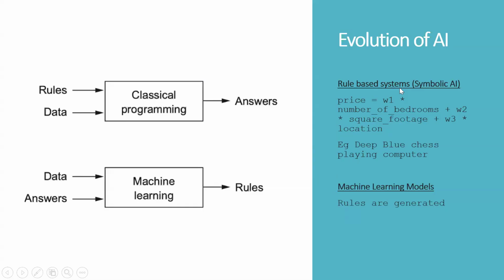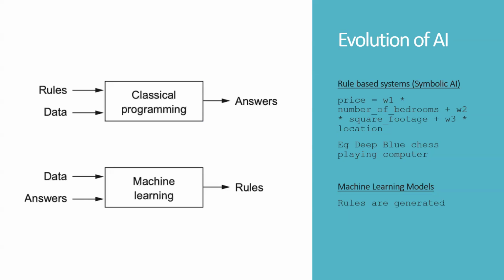The thought process was that we can create so many rules, some if and else type of conditions, and if we code all the rules, then at some point we will be able to create an application equivalent to a human brain or a human being, one that can take decisions or do tasks just like human beings. That was the thought process.